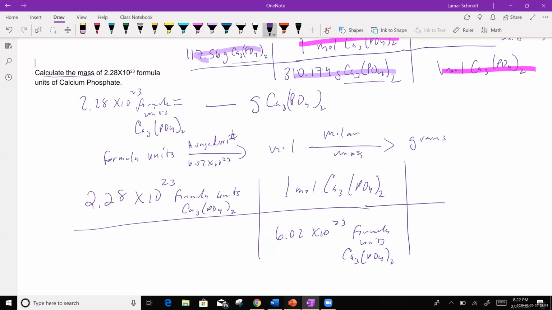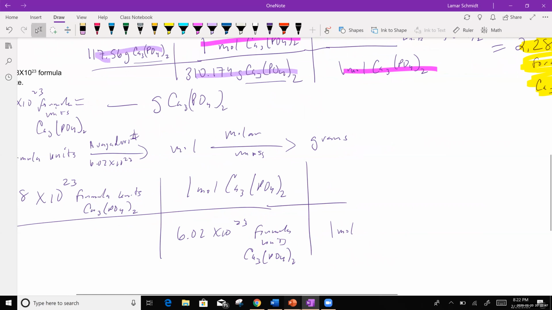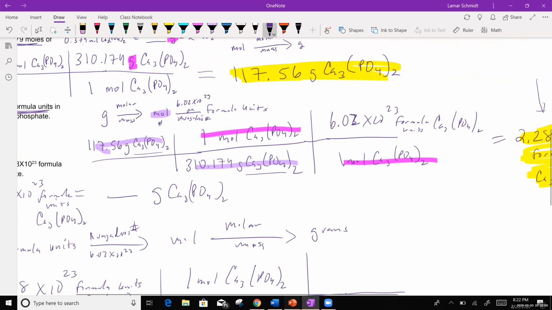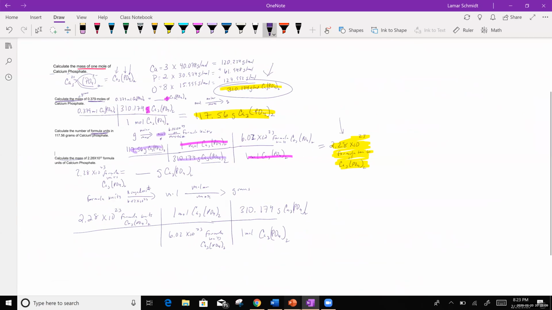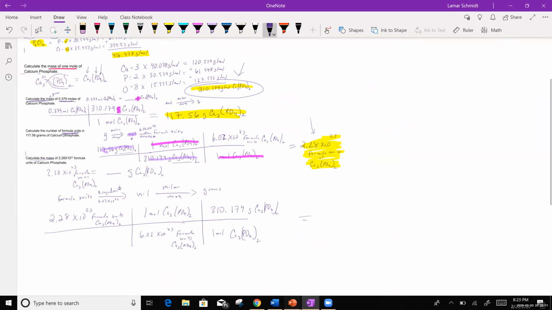And that 1 mole, notice every time we see mole, we're saying 1, is equal to the molar mass, which we said earlier was 310.174 grams of Ca3(PO4)2. All right, and with that, we simply plug in our values with our calculator.